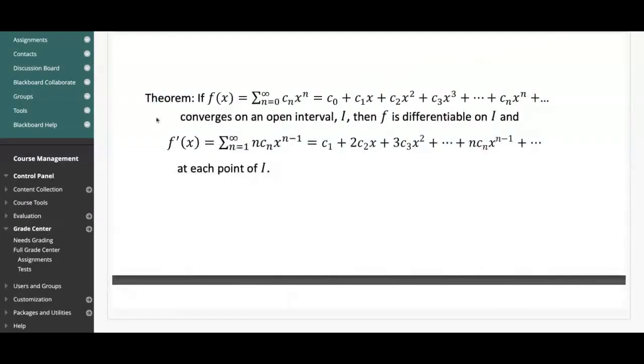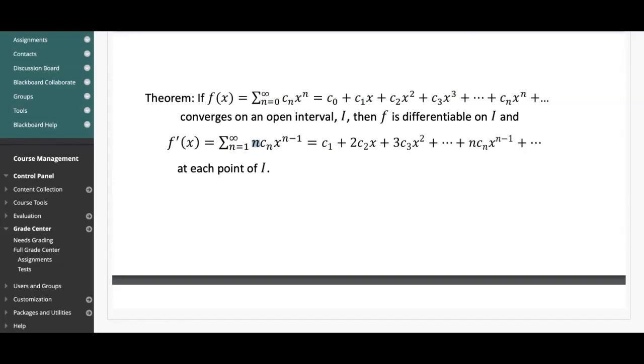Okay, let's see this theorem. So this is a power series, right? And we write this function as a power series that converges on an open interval I. Let's call it open interval I. Then f is differentiable on I, and the derivative is just the power rule.